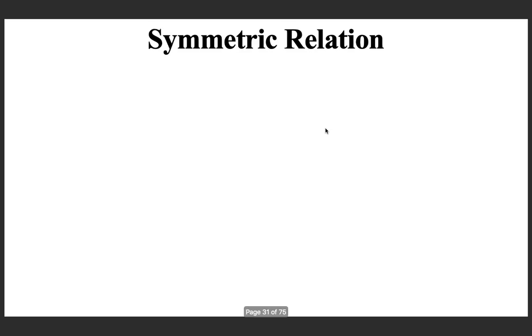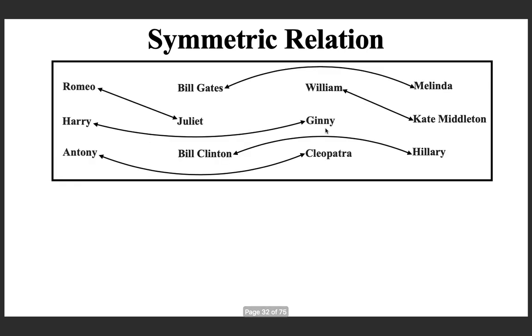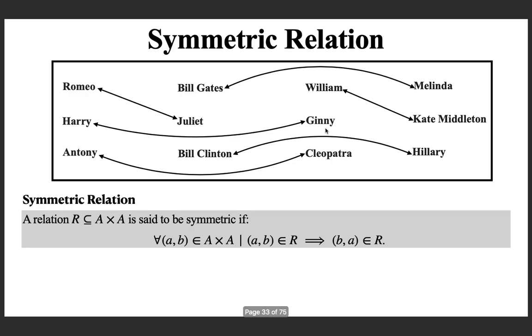Moving on to symmetric relation. If you take the spouse relation, you can see that it is symmetric, and by definition a relation R is said to be symmetric if whenever A is related to B, then B must be related to A, and that is of course true for a spouse relation.